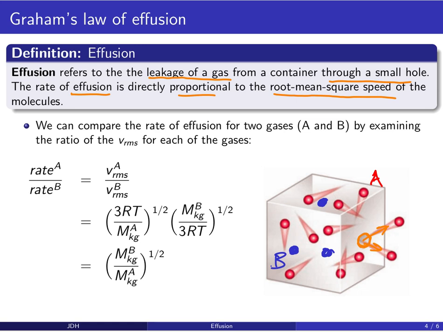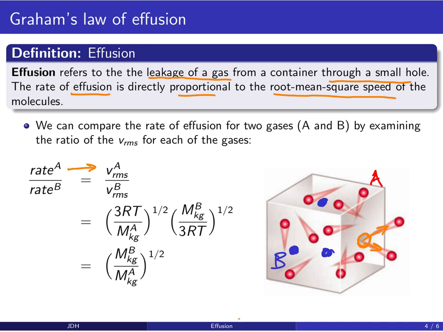So to see that, we're going to use this fact, as we just said, that the rate at which A escapes through the small hole in the container is directly proportional to the speed. If the red atoms are moving faster, they will escape at a higher rate.